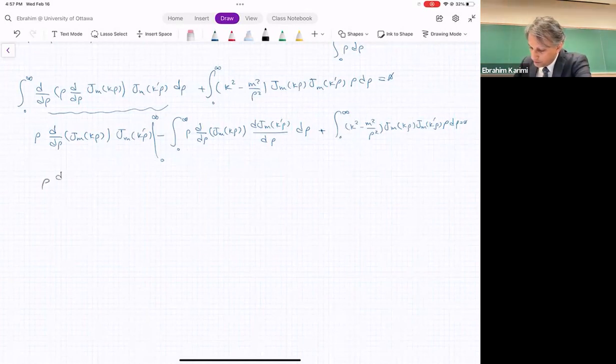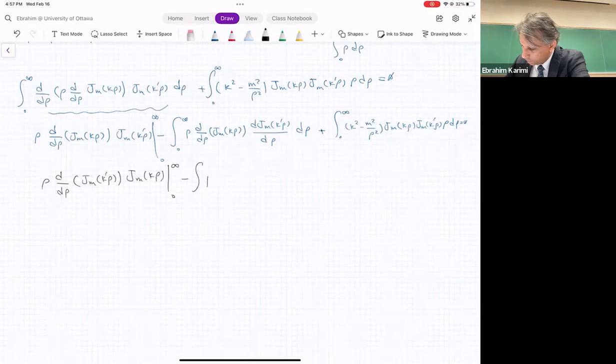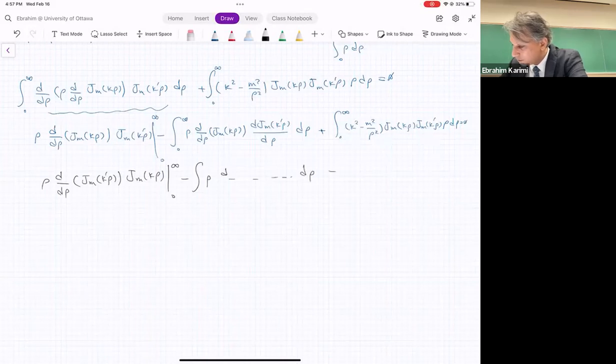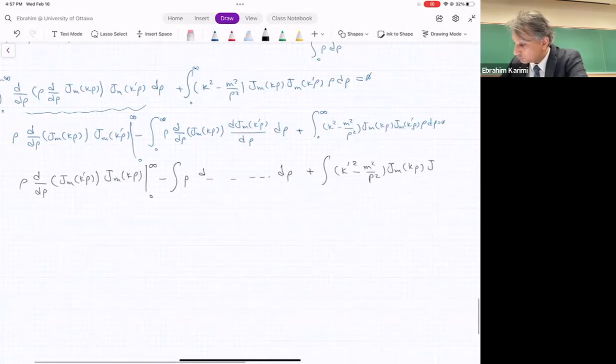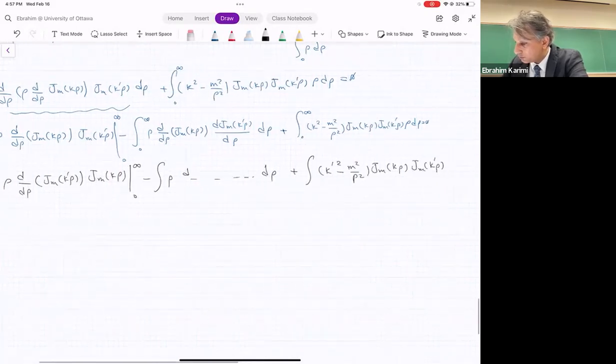I get rho d rho of Jm(K' rho) Jm(K rho) from 0 to infinity, minus the integral of rho, the same expression will appear for both of them, d rho, plus the integral of (K' squared minus M squared over rho squared) Jm(K rho) Jm(K' rho) d rho equal to 0.